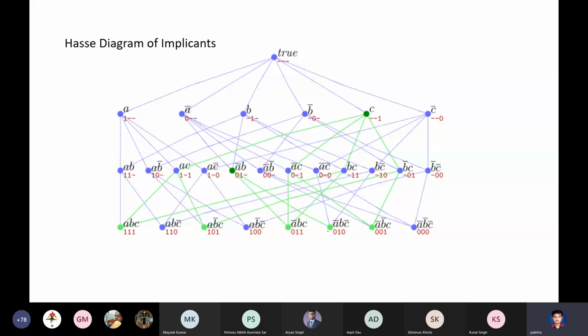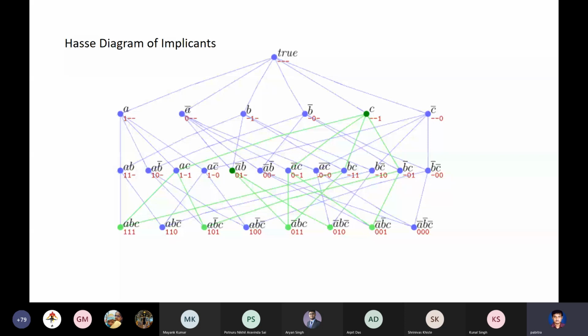So this sub lattice, this sub Hasse diagram, which is obtained by joining only these green minterms, by expanding only these green minterms, forms all the implicants of the function whose true minterms consist of ABC, A bar BC, A bar B bar C, and so on. So this green part is the lattice formed by joining the true minterms only.